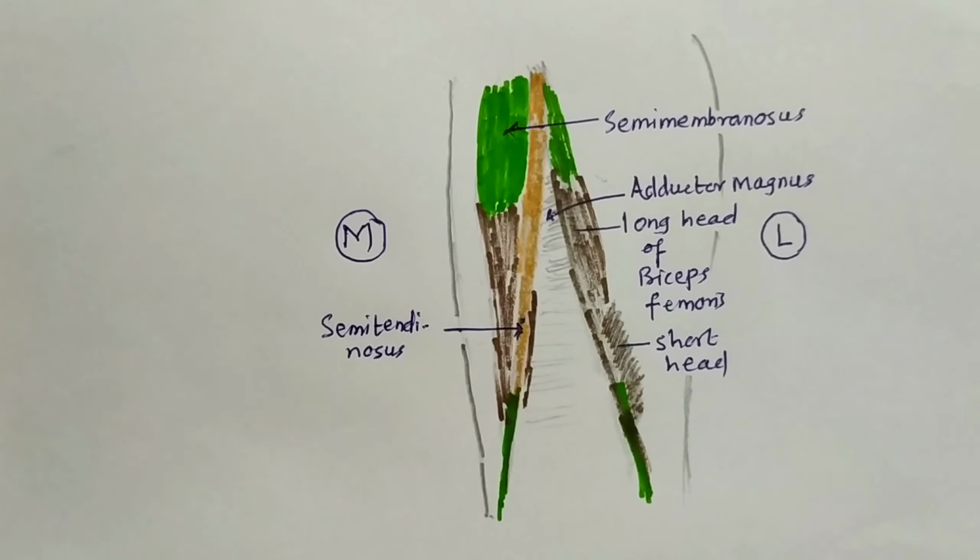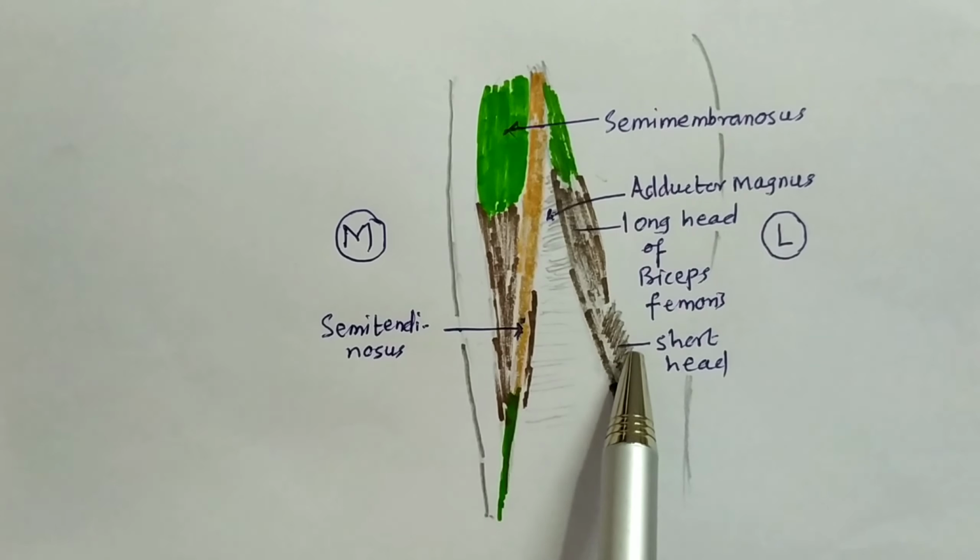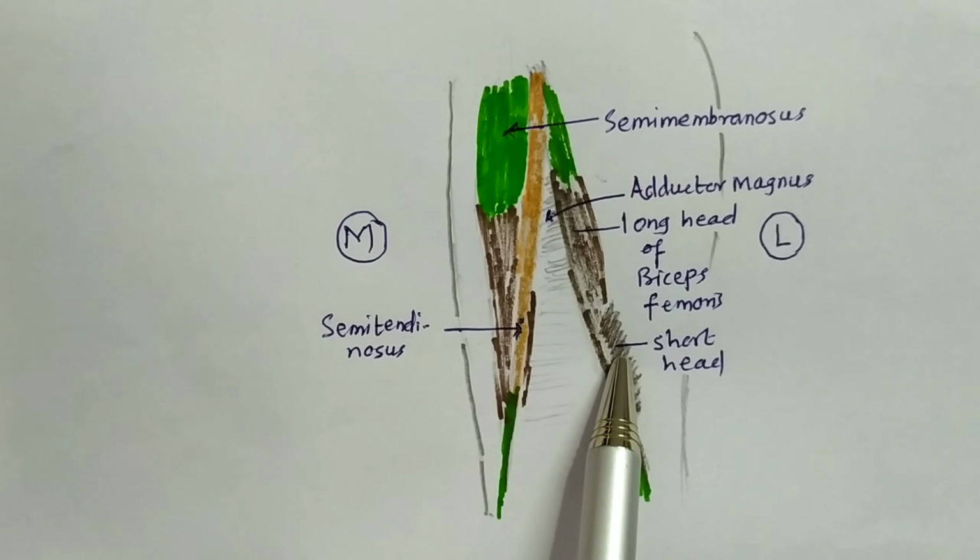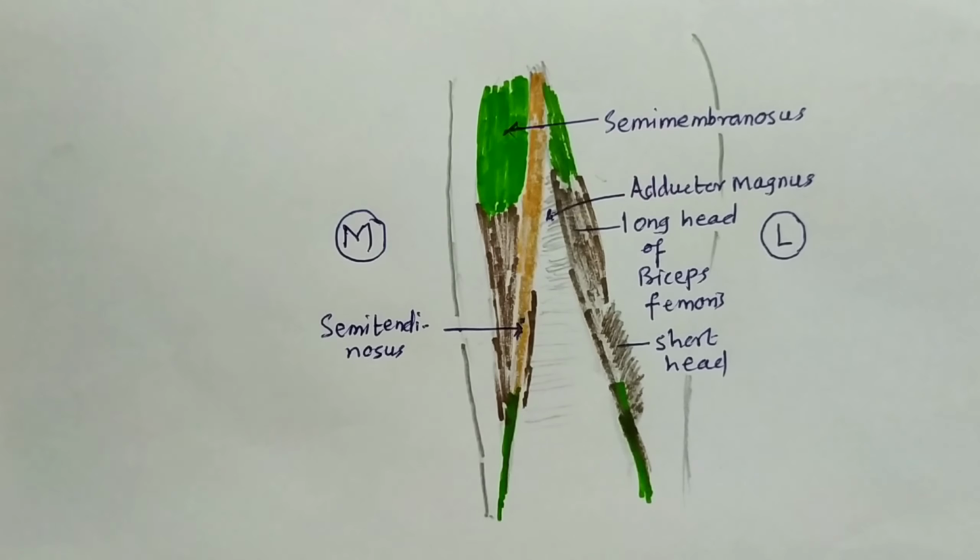All these 4 muscles are supplied by tibial component of sciatic nerve. The short head of biceps femoris is supplied by common peroneal component of sciatic nerve.